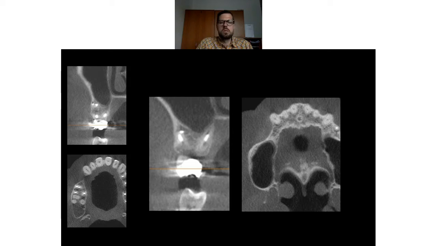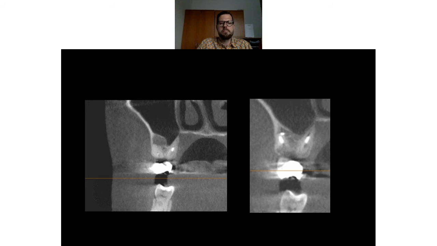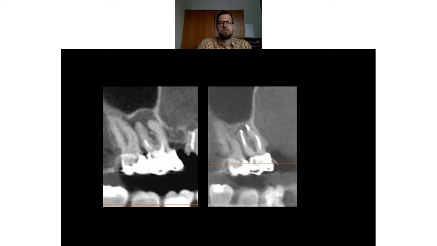We see that the bone is healing very good. So now there is no problem to do implant. So here is the coronal view, where we see that the bone is healing very well. And also the sagittal view, we see that there is a small inflammation, but when we compare the two, we see that it will be better every day.